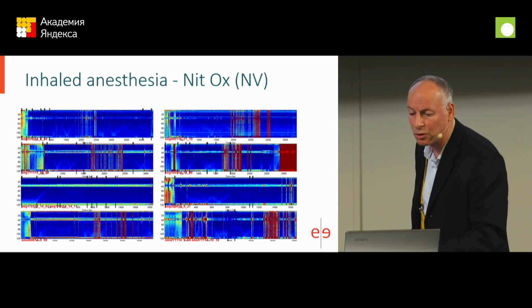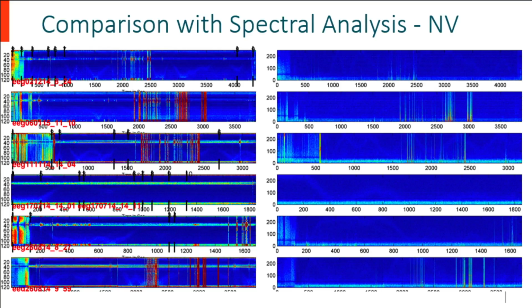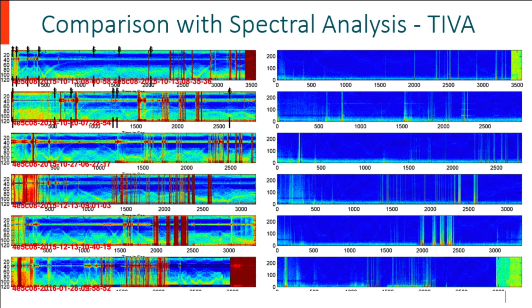And if we want to compare it to spectral analysis, it is related to what you had in mind. So this is nitric oxide as we analyze it, and this is nitric oxide as analyzed by spectral analysis. These are frequencies from 0 to 250 hertz, because I mentioned we sample at 500. So we don't see a difference here.